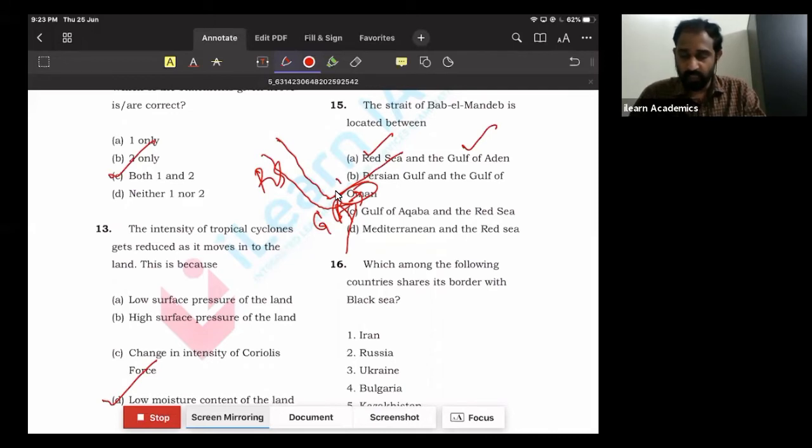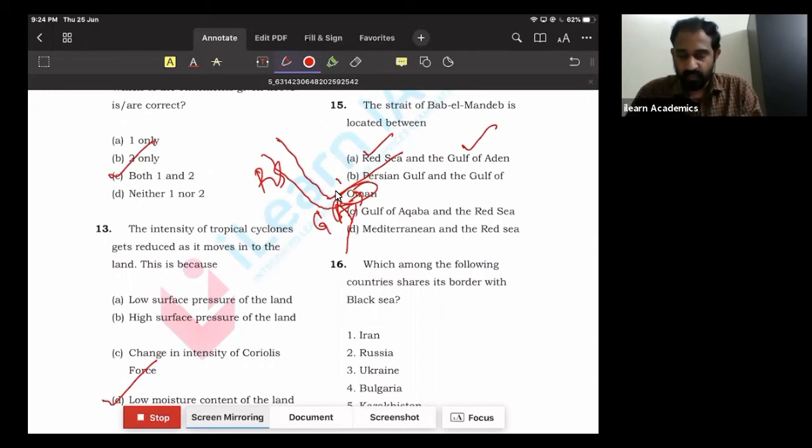Then you have to identify. So let us look at the other options. Option B says Persian Gulf and Gulf of Oman. Is there any strait there? It is one of the most famous straits, the Strait of Hormuz, between Iran and the Arabian Peninsula. Next one, Gulf of Aqaba and Red Sea.